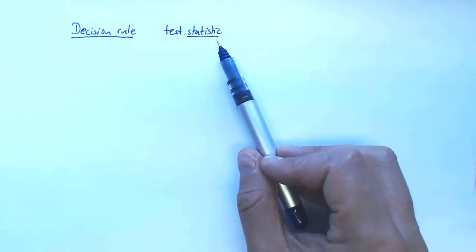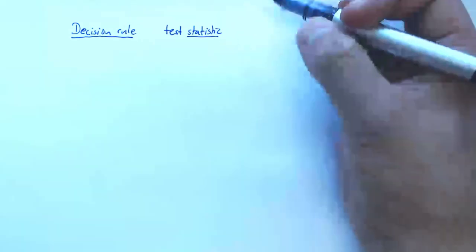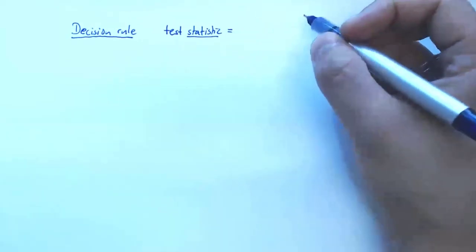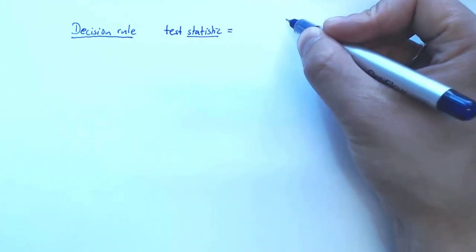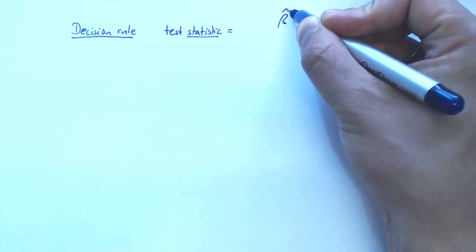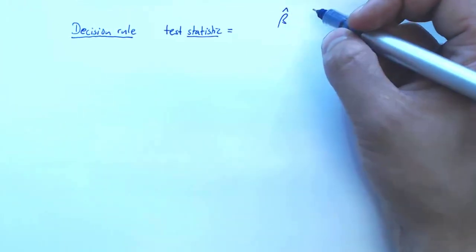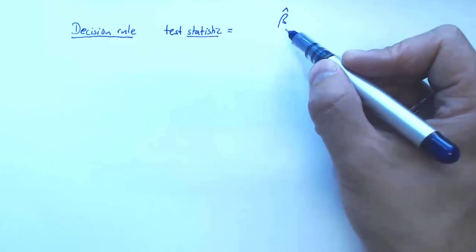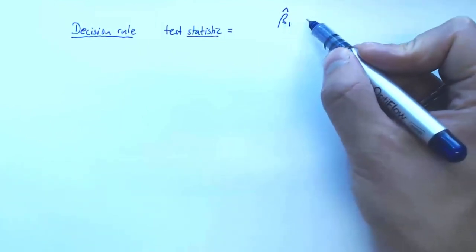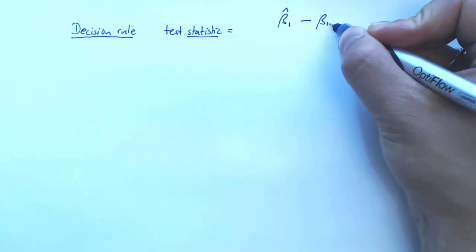For our test statistic, we build on our notion of basing the test on something that can be interpreted as estimating the distance from the null hypothesis. So we're looking at the difference between the estimated beta 1 and the hypothesized beta 1.